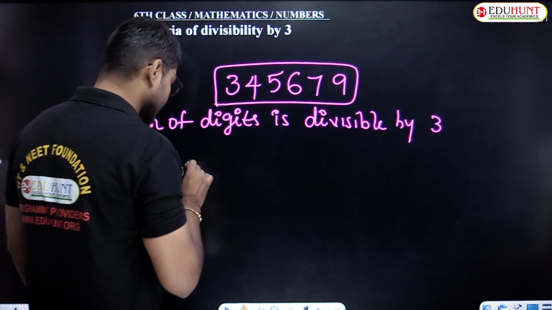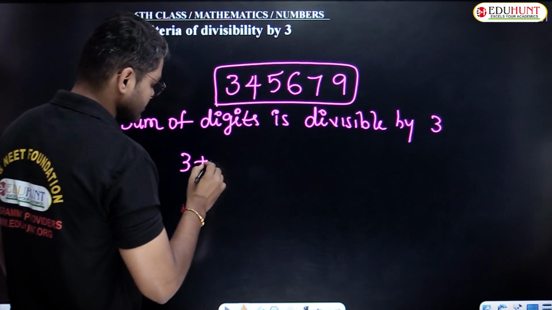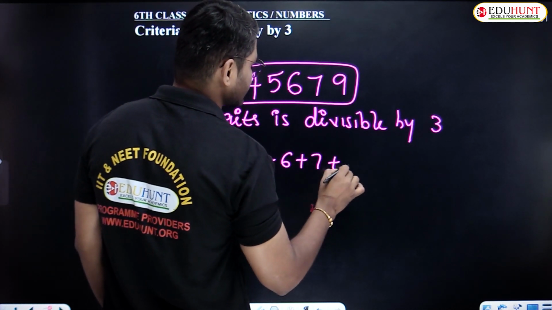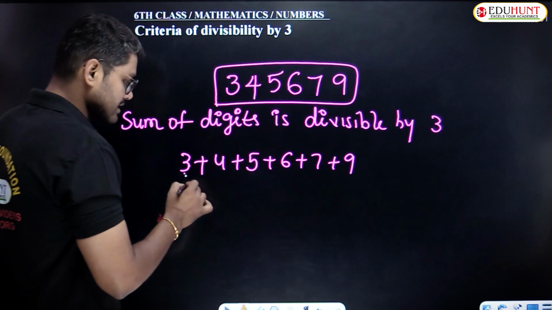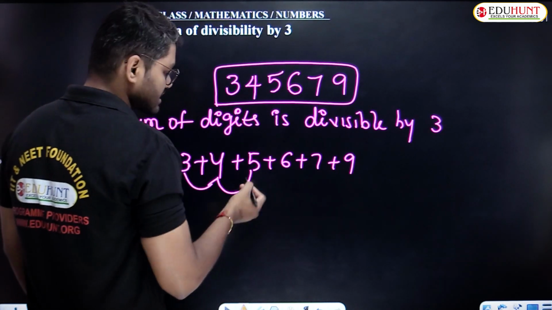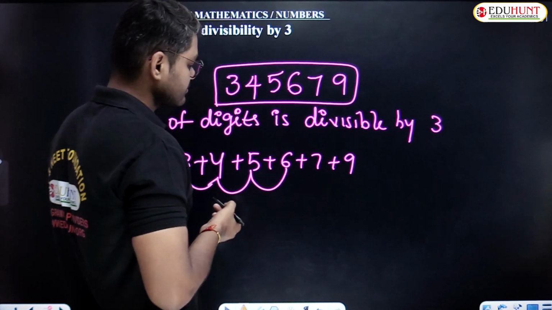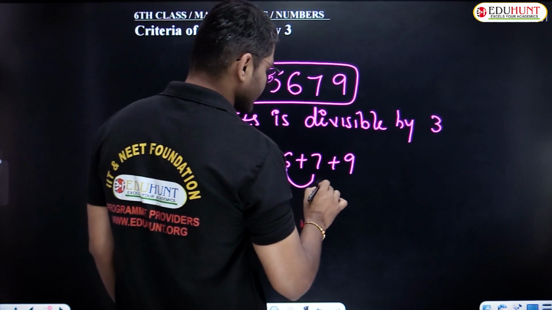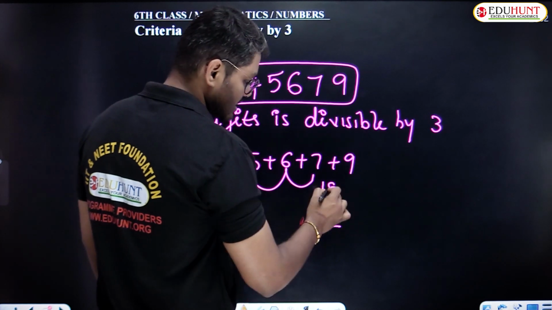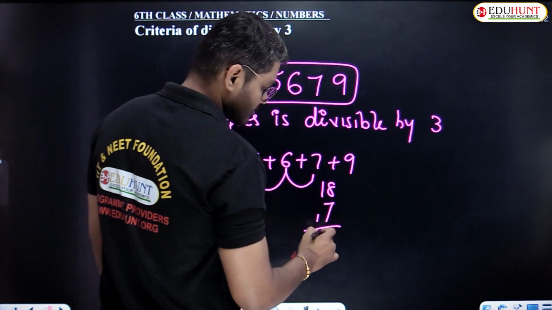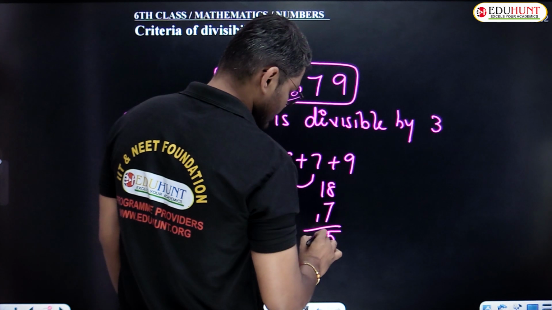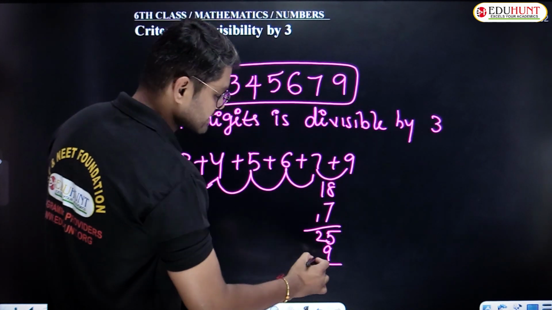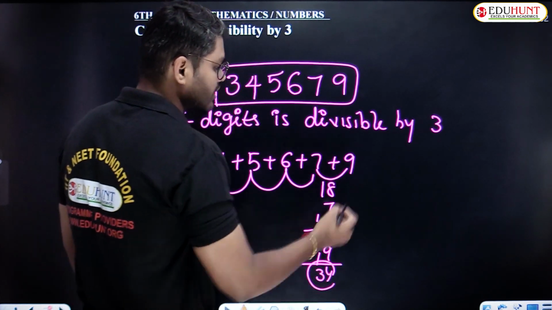First add all the digits: 3 plus 4 plus 5 plus 6 plus 7 plus 9. 3 plus 4 is 7, 7 plus 5 is 12, 12 plus 6 is 18, 18 plus 7 is 25, 25 plus 9 is 34.